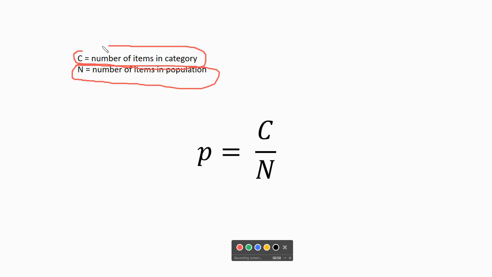Let's say we have C that are in those. So the proportion is the number of items in that category, divided by the total number of items. Okay, so it's just the fraction of the population that a particular category occupies.